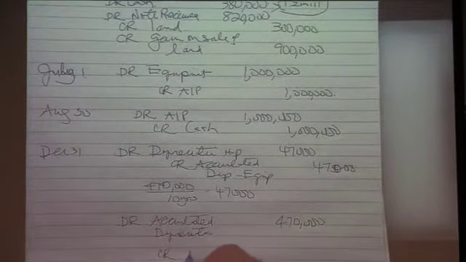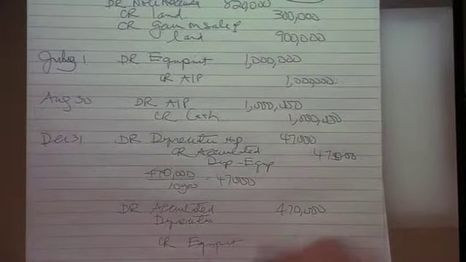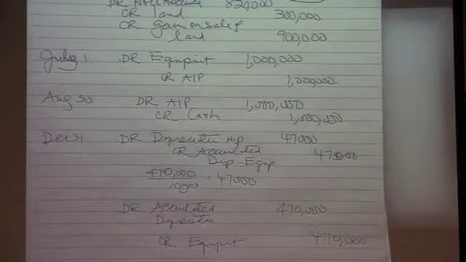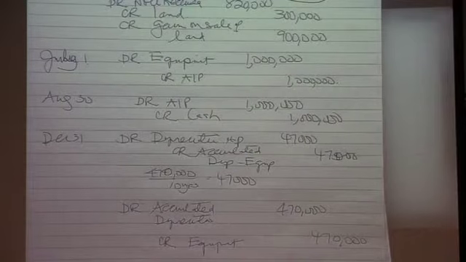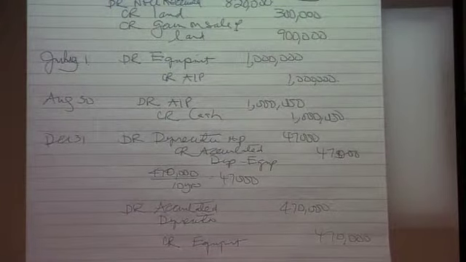Credit the equipment for $470. So when it says they retired the equipment, it means that we've finally got rid of, or disposed of, a fully depreciated equipment. And you can see that there's no gain or loss in this entry.